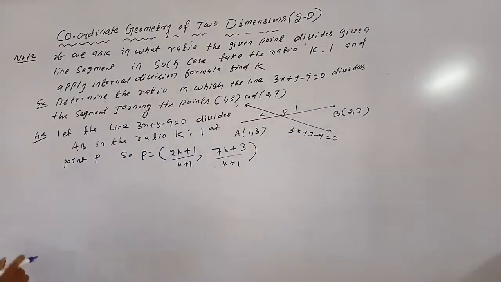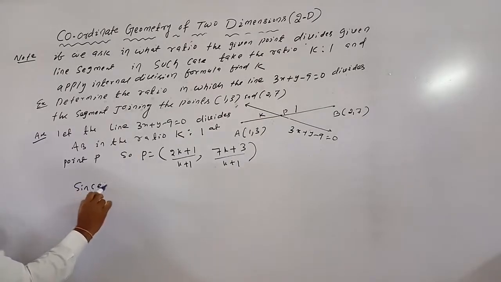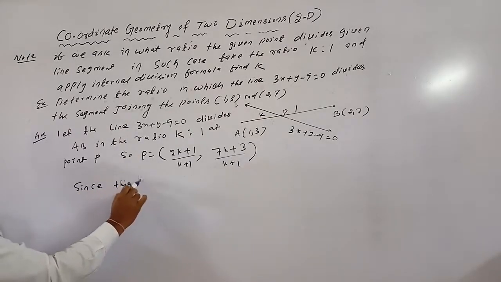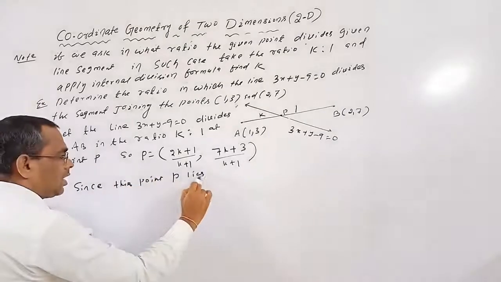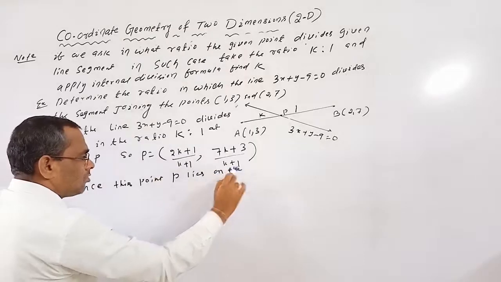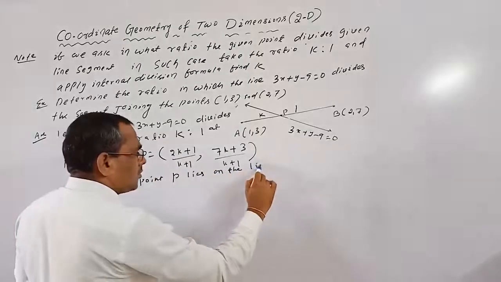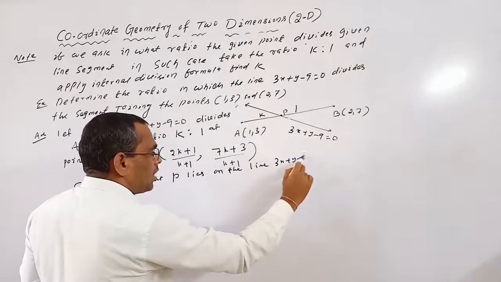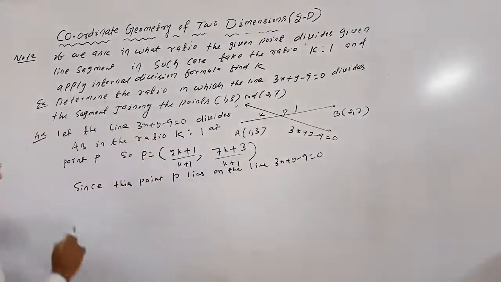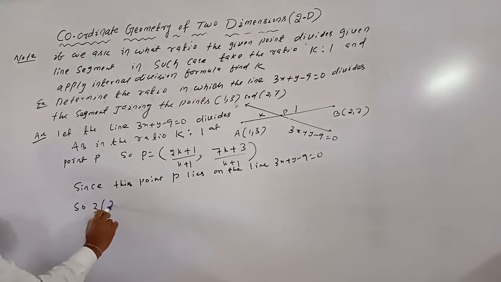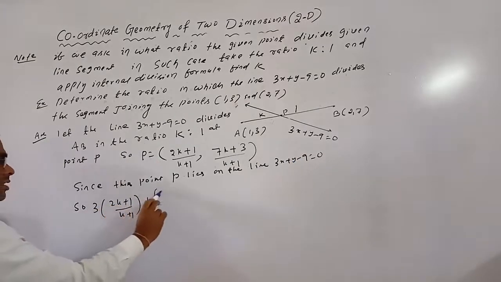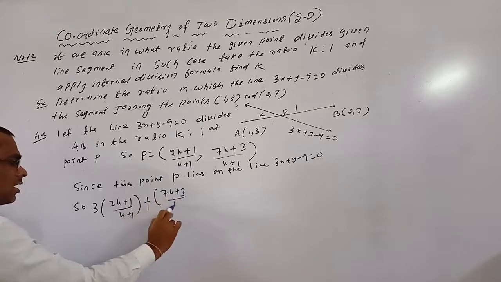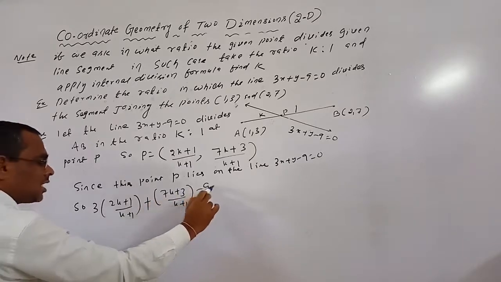Since this point P lies on the line 3x plus y minus 9 equal to 0, so 3 into (2k plus 1) by (k plus 1) plus (7k plus 3) by (k plus 1) minus 9 equal to 0.